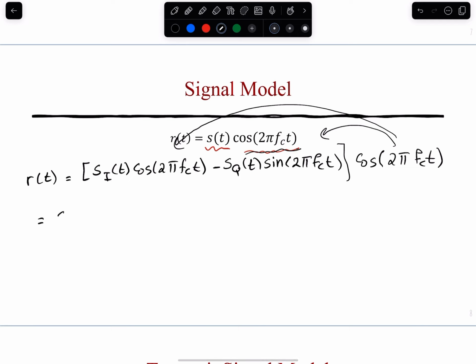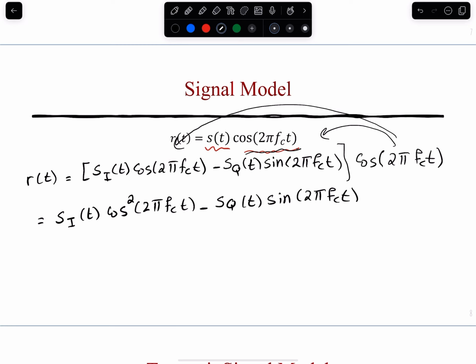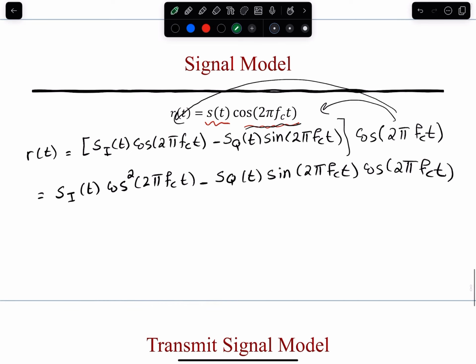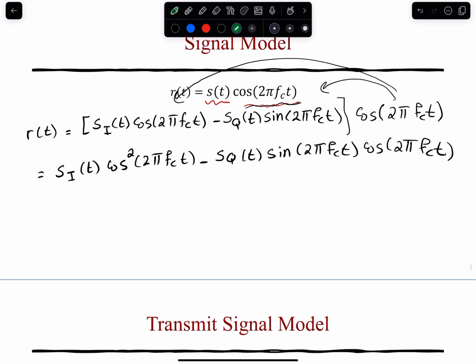So this should be s_I(t) cosine squared 2πfct minus s_Q(t) sine 2πfct cosine 2πfct. Now we're going to use some trigonometric identities.